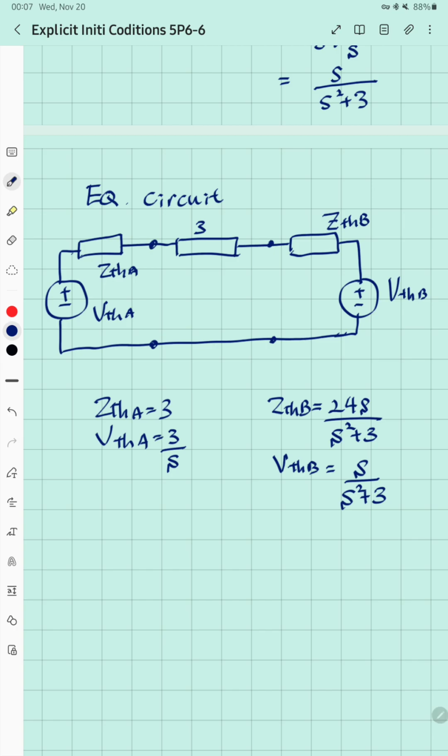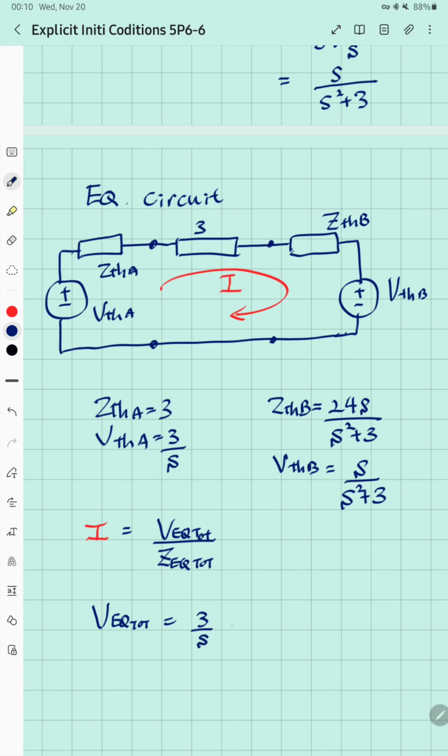So let's put a current I here. The I is literally V equivalent total and Z equivalent total. So V equivalent is going this way. We have 3 over s minus s over s squared plus 3.